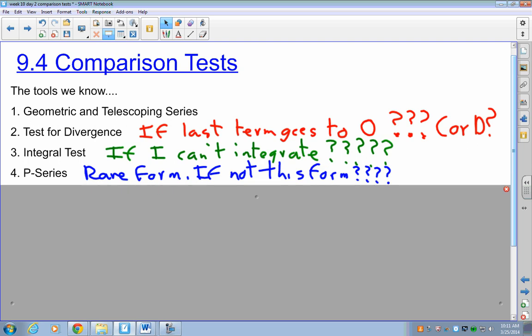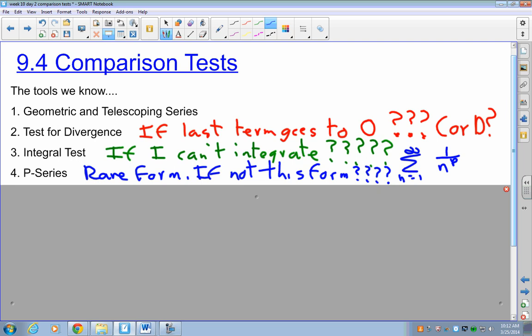So I taught you the p-series yesterday. The p-series is really quick, it's really easy, but it's really rare. What's the key to the p-series? 1 over what? n to the p.